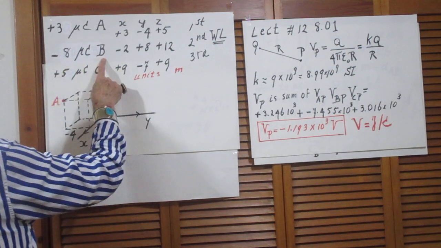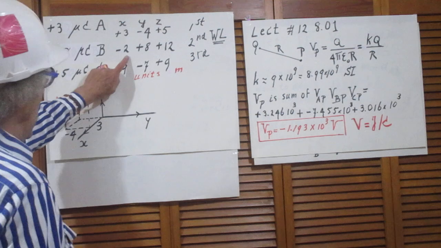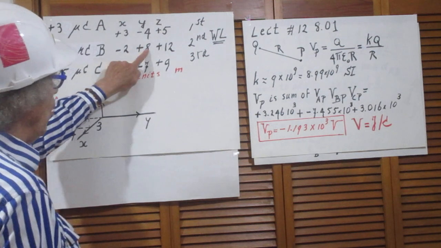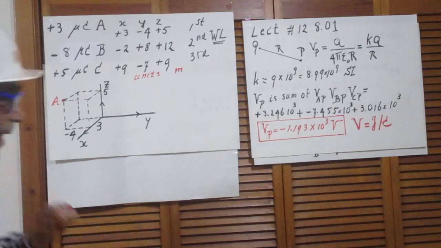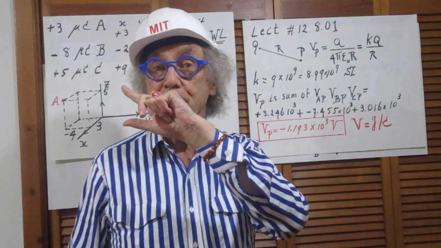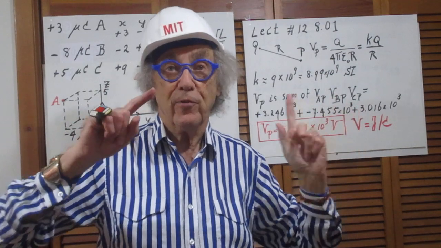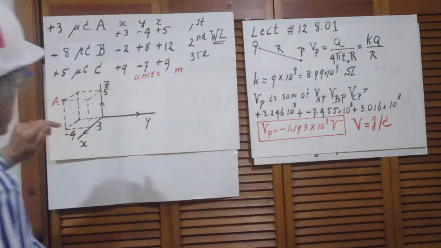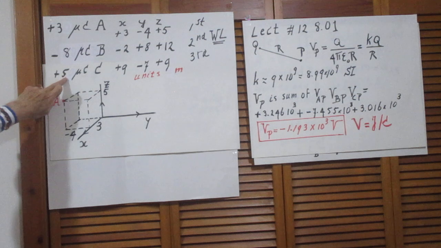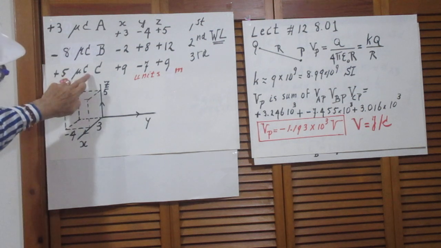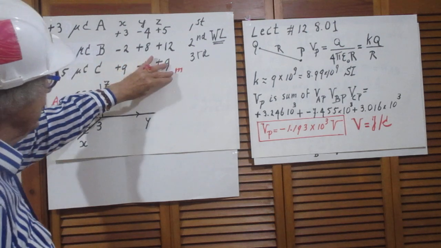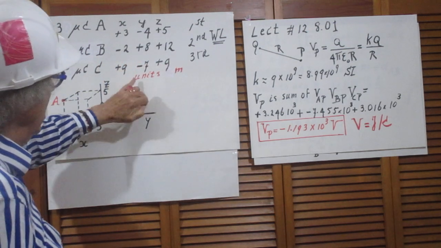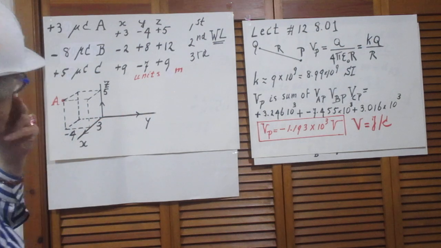I bring that at location B, and these are the coordinates of location B. Then I go again far away and I come back with a third charge, and the third charge is +5 microcoulomb, and these are the coordinates of the third charge at point C, and the units are in meters.